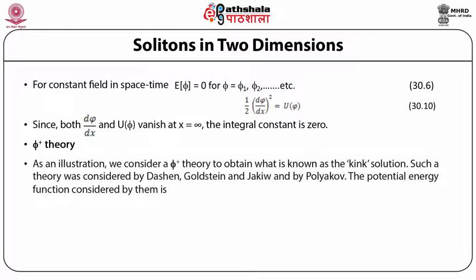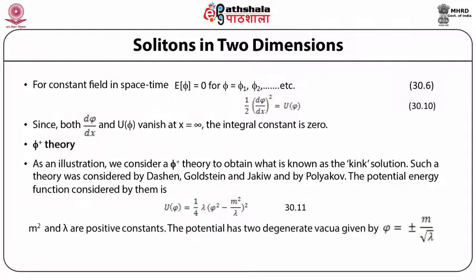As an illustration, we consider a phi raised to power 4 theory to obtain what is known as the kink solution. Such a theory was considered by Dashen, Hasslacher and Neveu and by Polyakov. The potential energy function considered by them is U of phi is equal to lambda by 4 into the square of (phi square minus m square by lambda).